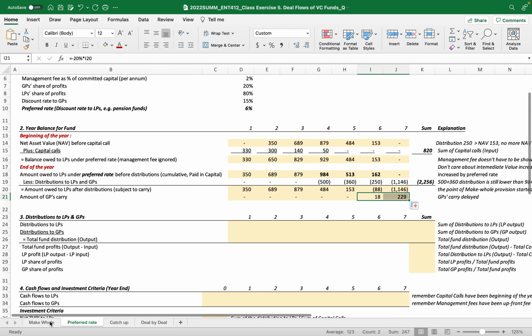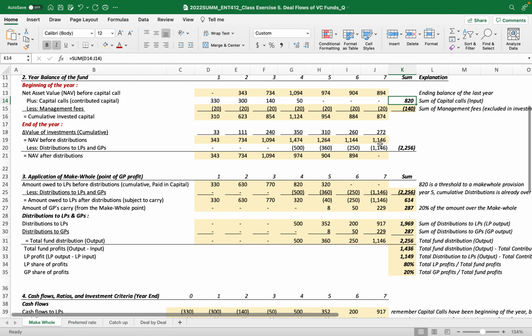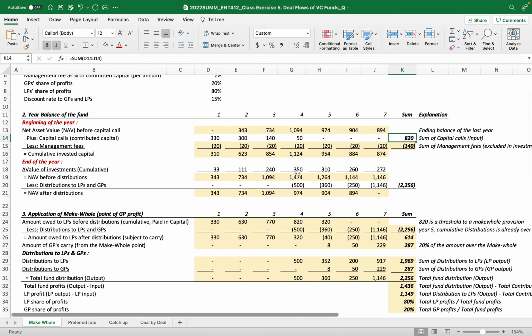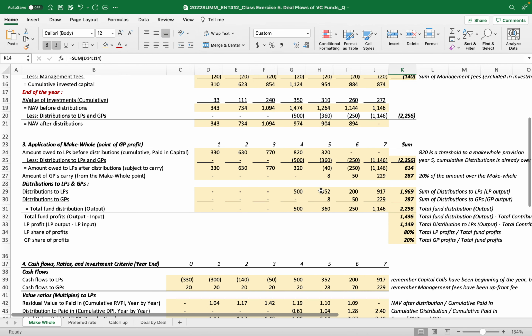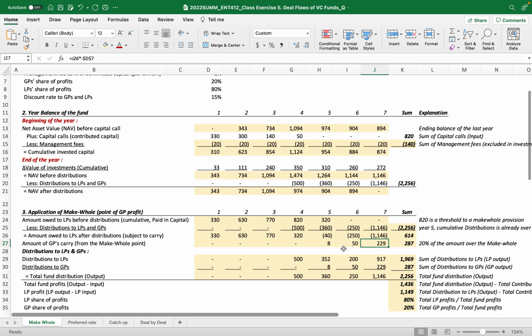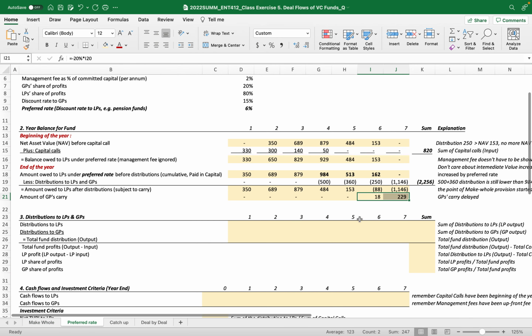Okay, as we compare the previous case, the GP's carry starting from year 5, right? Likewise, GP's carry now covered like this, right?